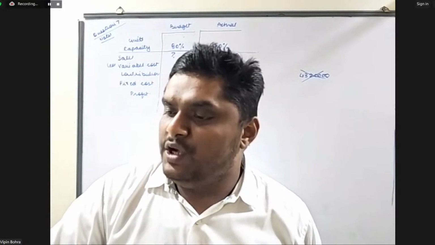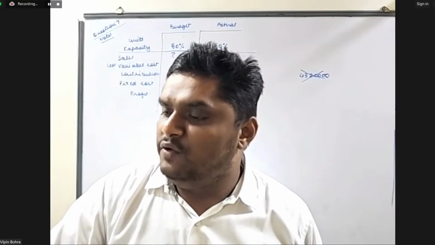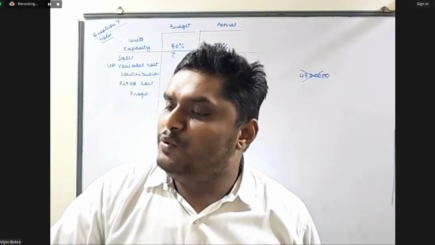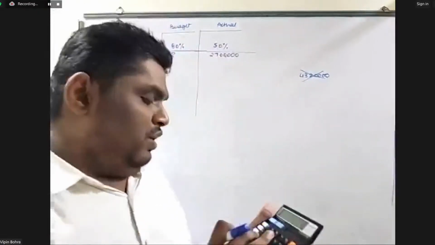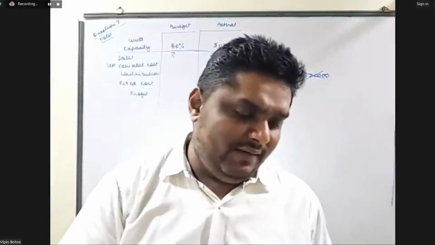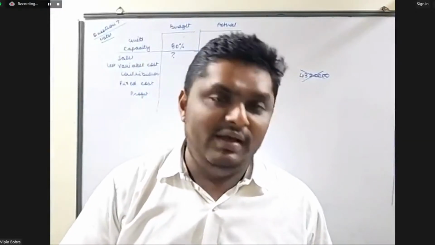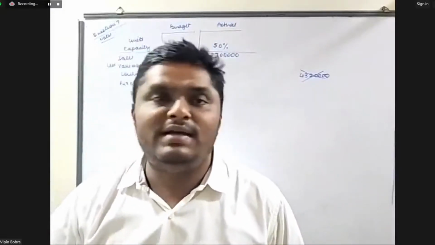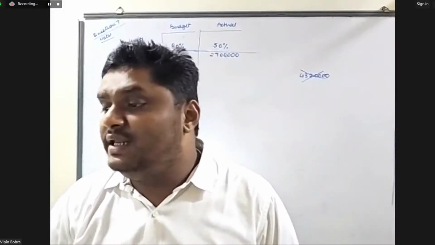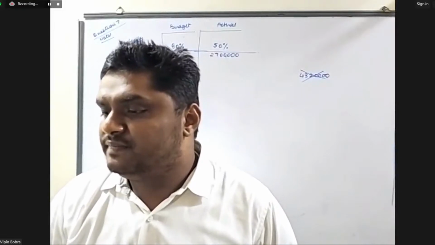Everyone is posting the same answer. I know what you guys are doing. You are saying 27 lakh divided by 50 into 80. 43,20,000 is incorrect. Please post the correct answer.